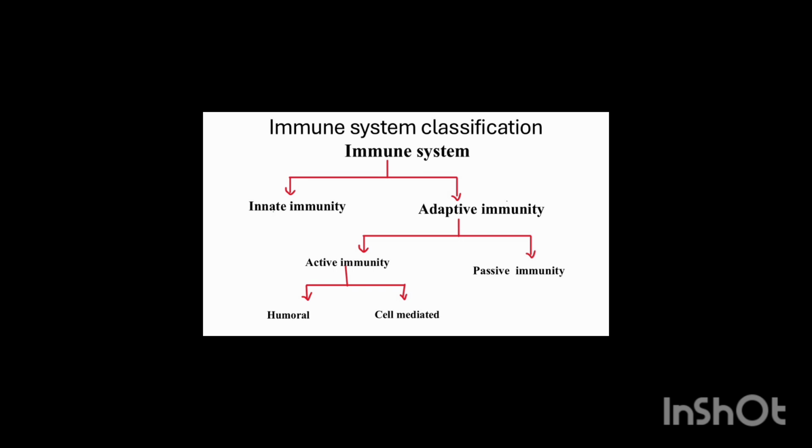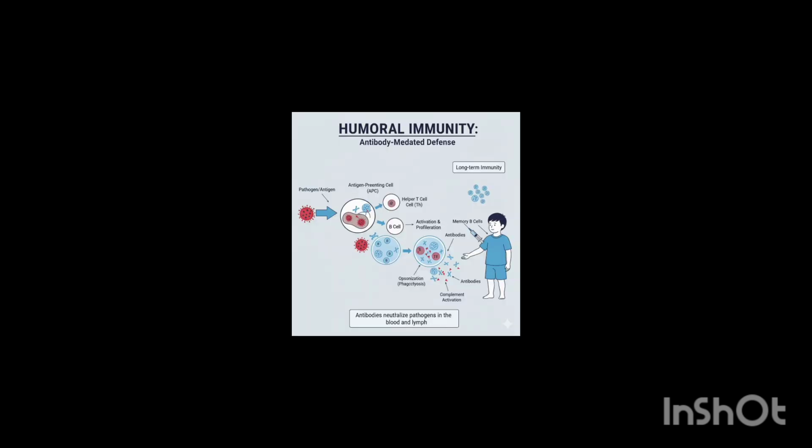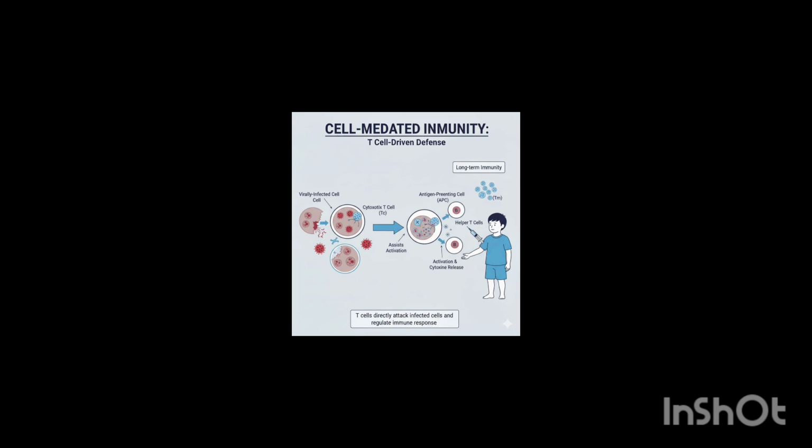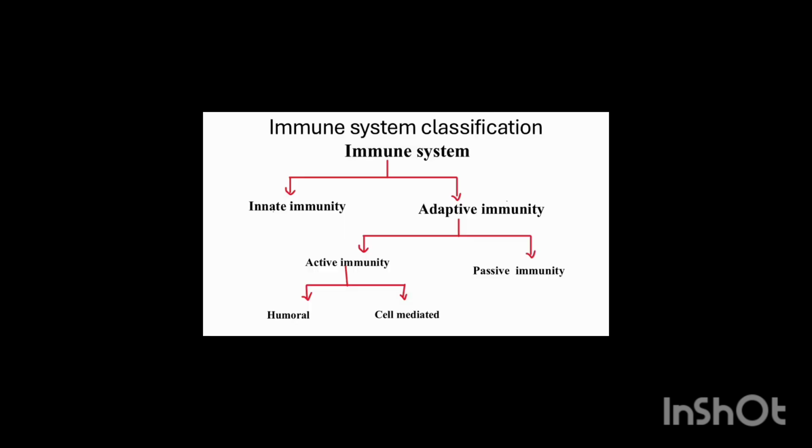Again, on the basis of mechanism of production, it can be of two types: humoral immunity, that is B cells, antibodies in body fluids, and cell-mediated immunity, which involves T cells. So this is a broad, very broad outline of the immune system's activity in our body.